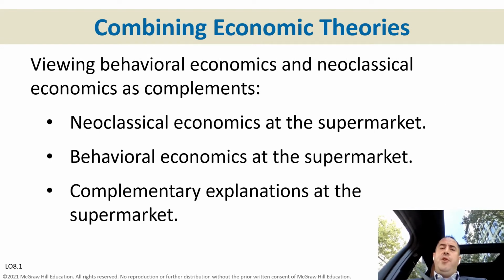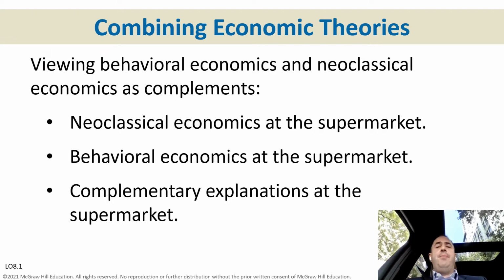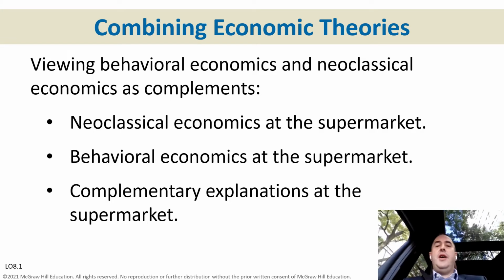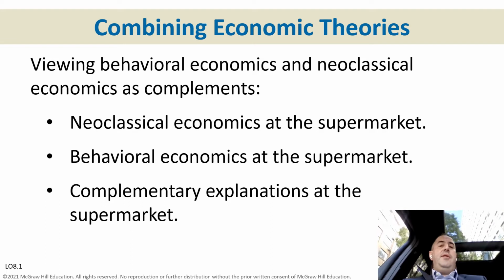Many economists prefer to think of neoclassical and behavioral economics as complementary approaches that can be used in conjunction to help our understanding of human behavior. Incentives matter. Neoclassical economics believes that consumers care a great deal about prices, so it cannot explain impulsive buying very well.